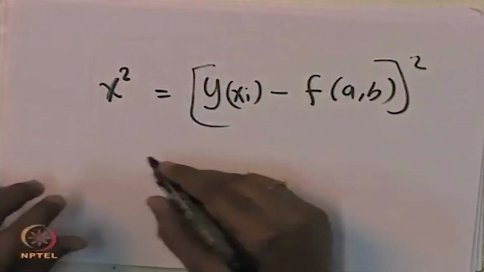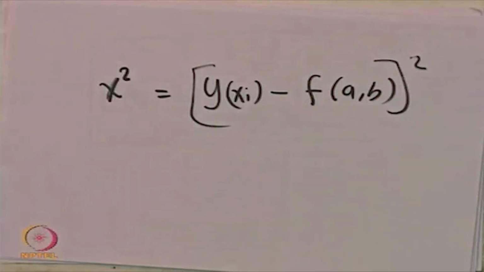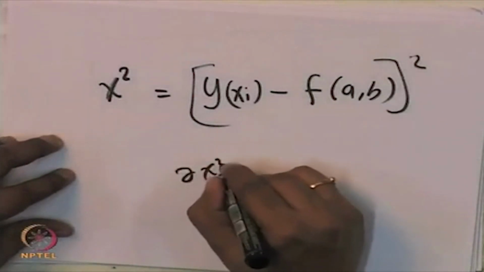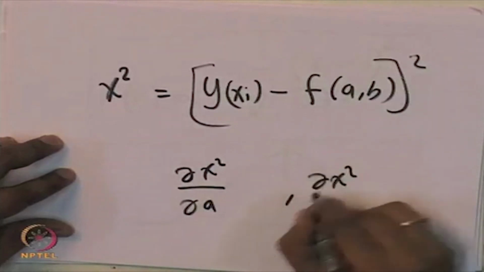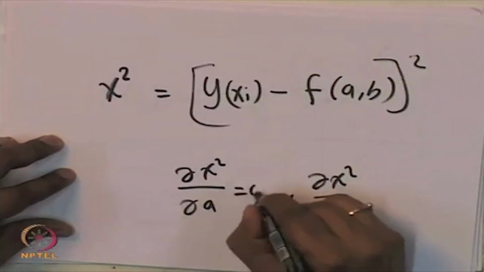And this you can do mathematically by finding the derivative del chi square by del A and del chi square by del B and equating them to 0.